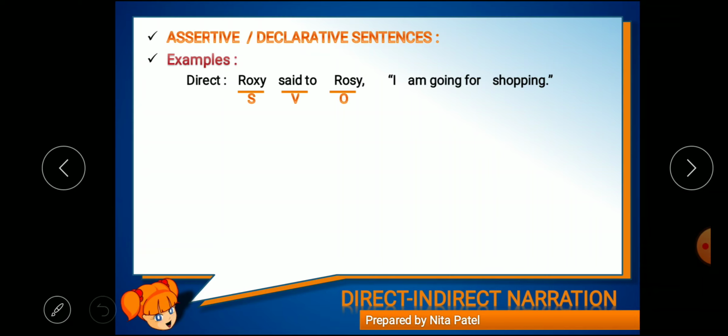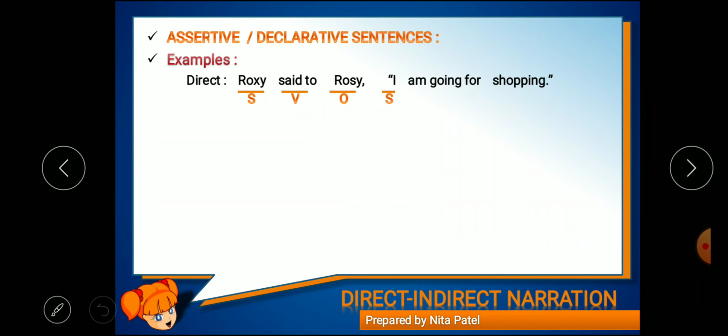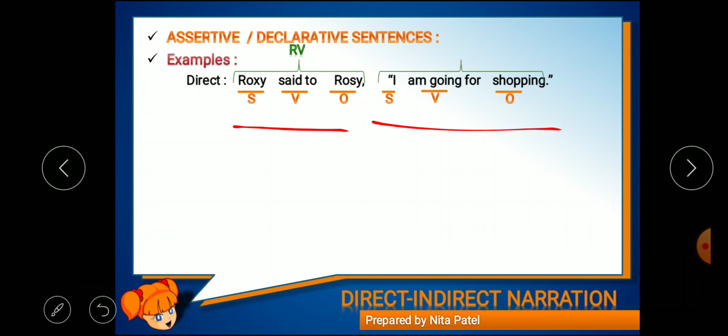And this whole thing is our RV, right? Now again, in the direct speech, I is our subject, am going for is our verb, and shopping is our object. So this part is our RV, and this clause is our DS, right?